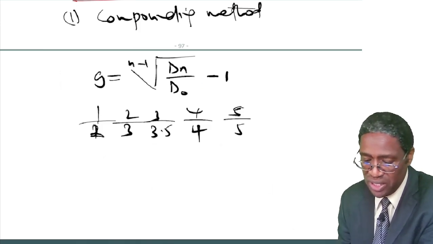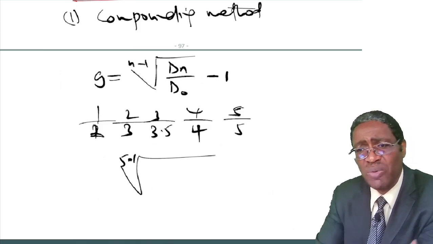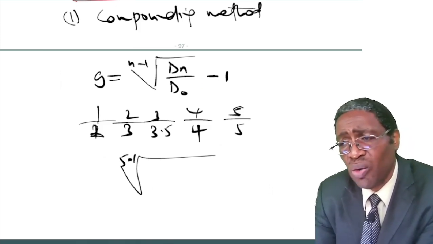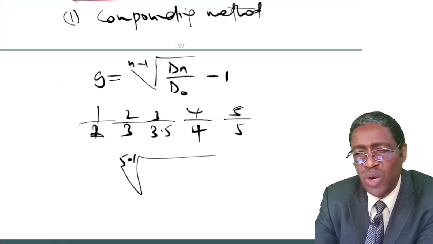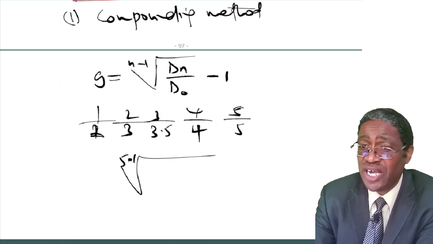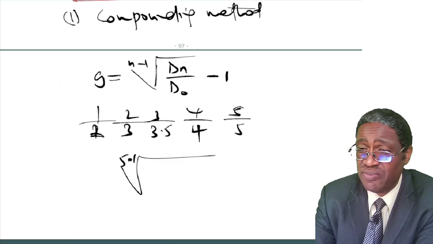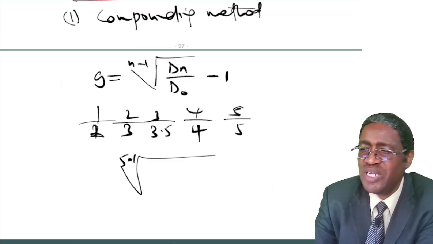So it will be the root of 5 minus 1. Why were we subtracting 1? We were saying you want to know the growth rate. If the company paid from year 1 to year 5, they paid 5 dividends. Those dividends grew how many times?